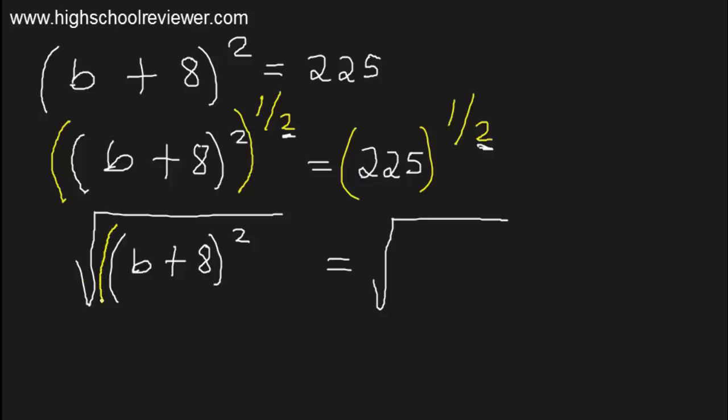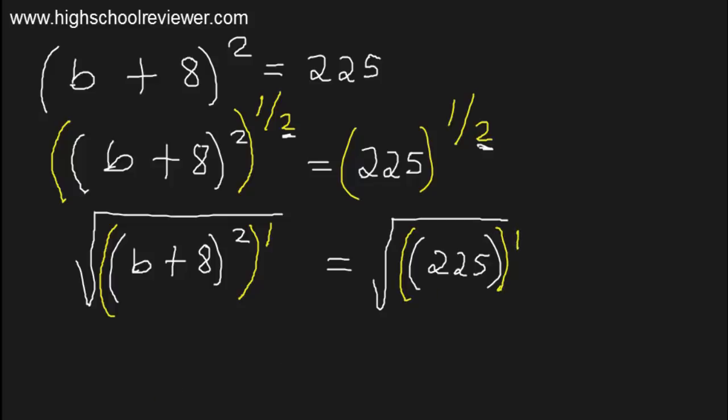The exponent here will be the numerator, so the numerator here is 1. And we will also have here the square root of the base, which is 225. And this will also be raised to the numerator, which is 1. So raise this to 1.